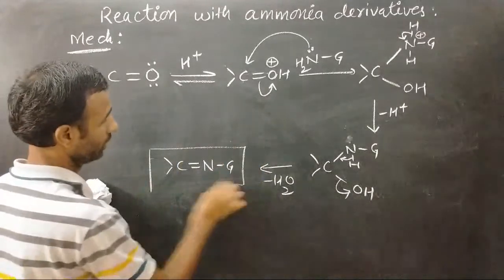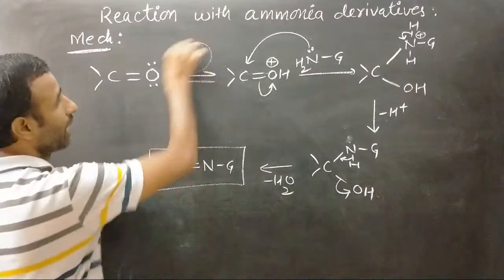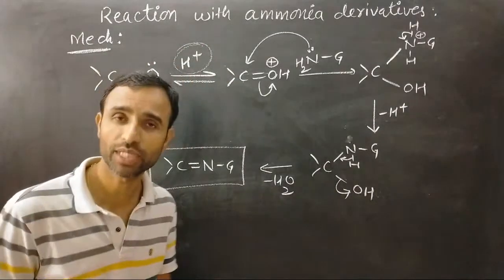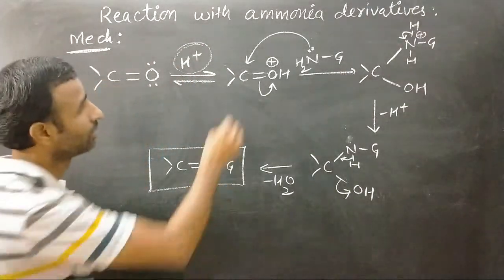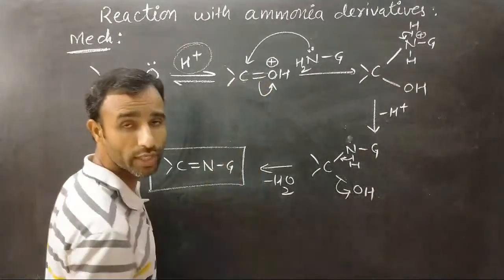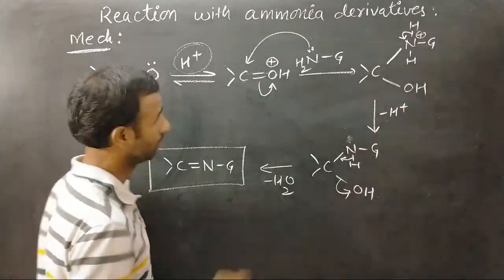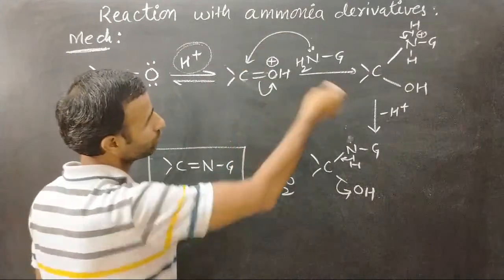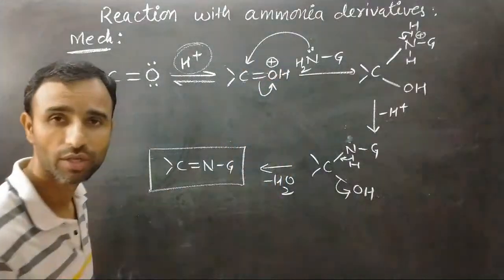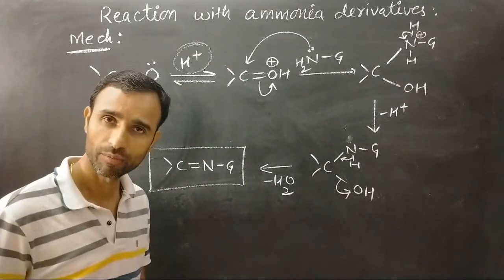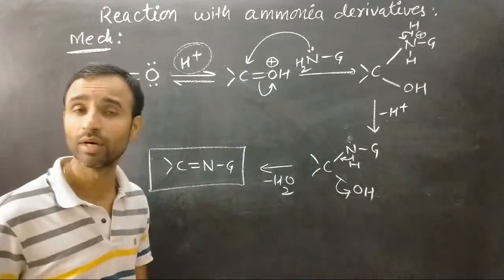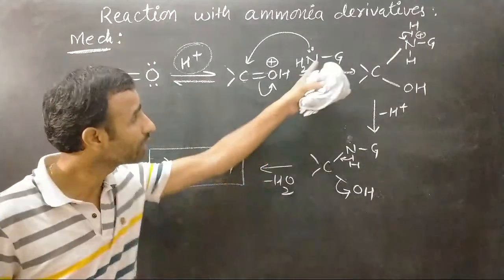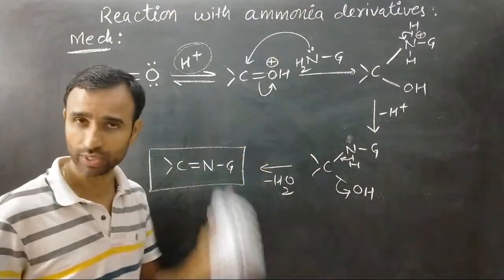So the medium should be acidic, because if the medium is acidic, then this carbon becomes more electrophilic. As O gets positive charge, pi electron shifting towards oxygen is strongly favorable, so carbon gets complete positive charge when the ammonia derivative attacks it.